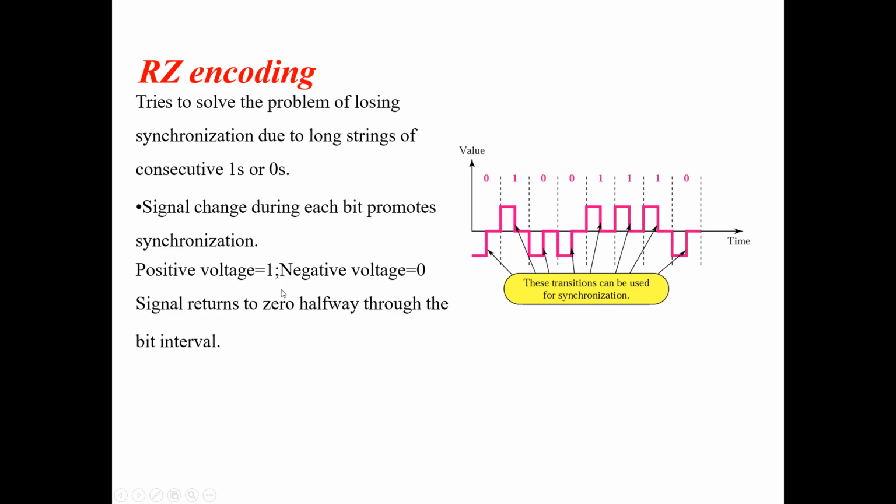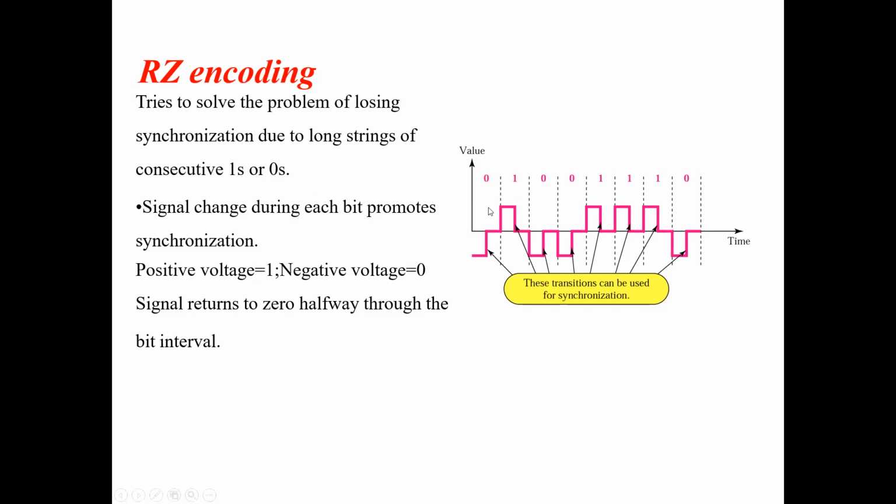See, from the diagram we have to write. Now what are we learning? Digital to digital transmission. We have seen the different techniques. In this, RZ encoding means return to zero, where the signal drops to 0 between each pulse.